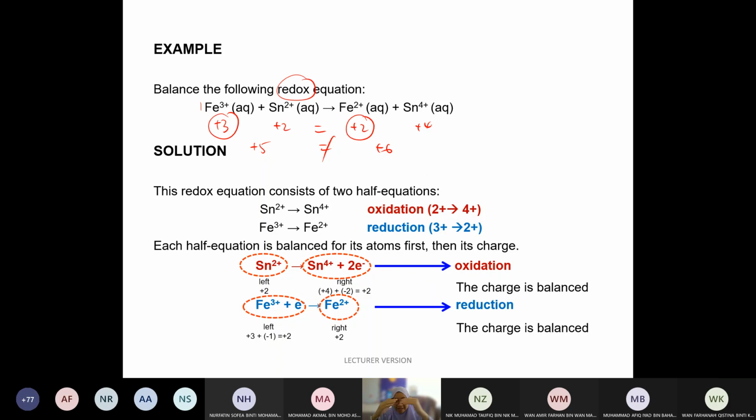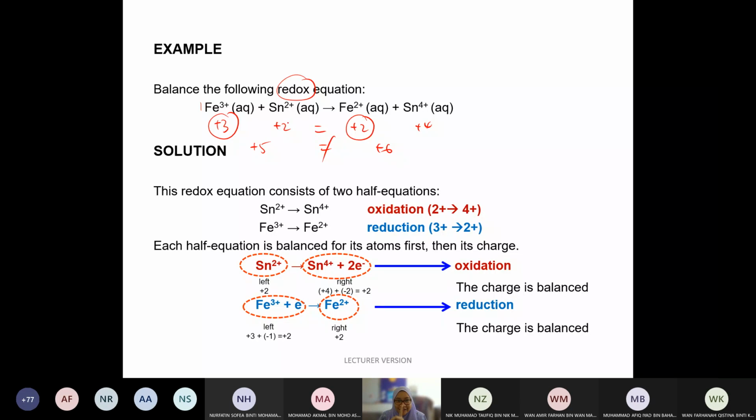Kita kan nak kena asingkan kan? Okay, so kalau iron ni dah reduction, that means stannum ni apa panggil ya? Stannum, dia punya alternative name? SN ya. Tin lah, madam. Tin. Okay, tin.